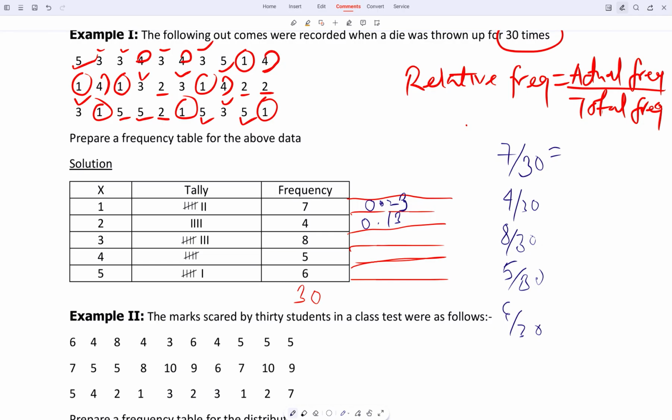Then we have 8 divided by 30. That will give us 0.26, approximately 0.27. Then 5 divided by 30. That will give us 0.17. Then we have the last one, 6 divided by 30.